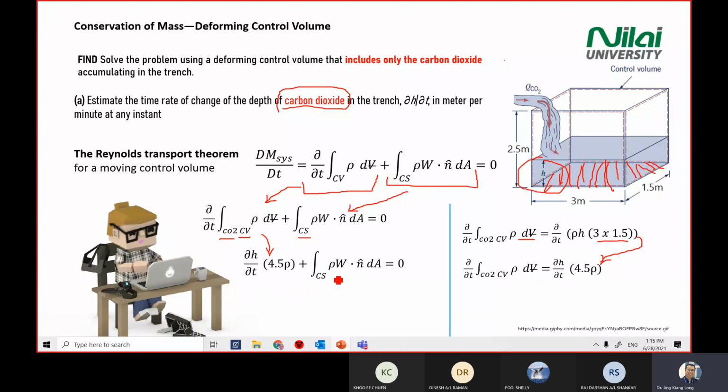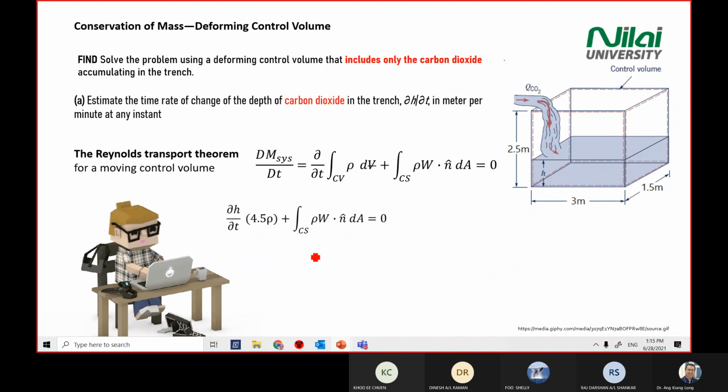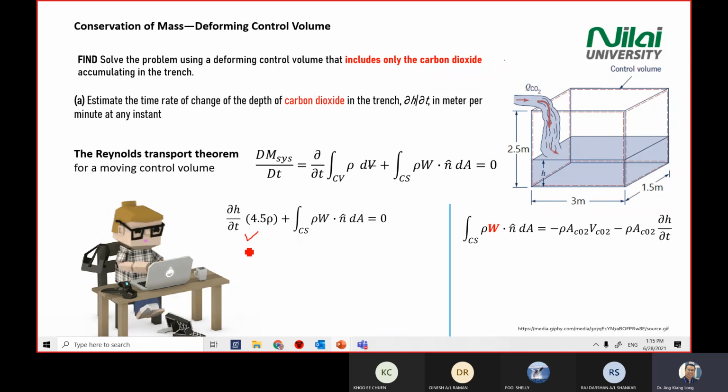Then you continue with integration of rho W dot N hat dA equals 0. So far it's just mathematics and substitution of numbers. Then you have done calculating on the control volume.